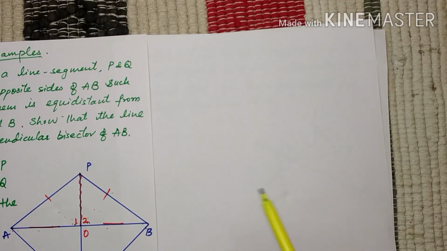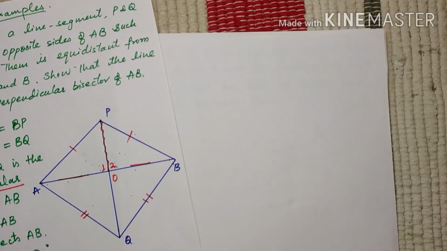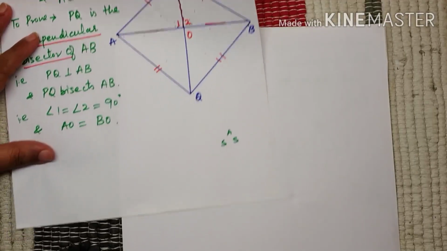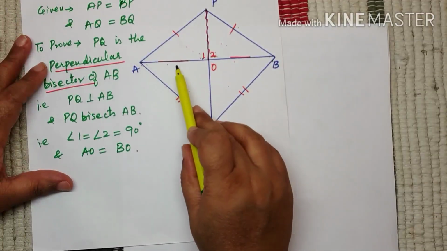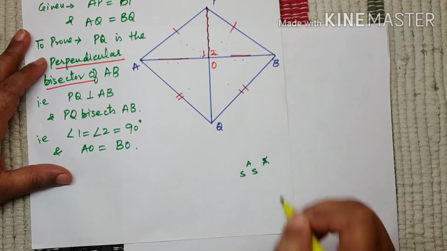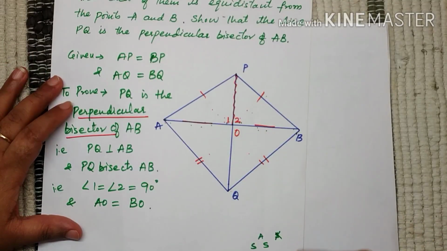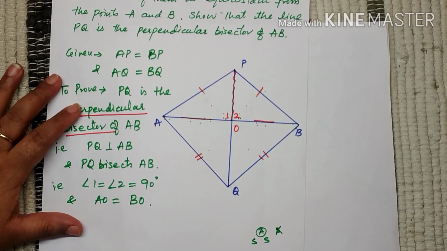Third thing, I have 2 sides, so either I look for the included angle or I look for the third side. Now third side is AO and BO. Third side cannot be used in proving congruency because the third side we are looking forward to prove. That means the included angle is the only option.